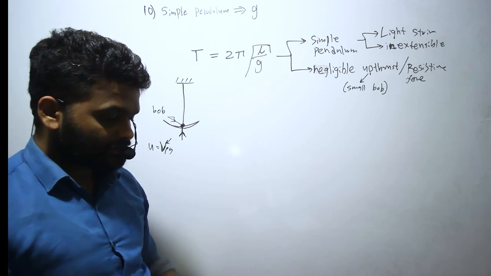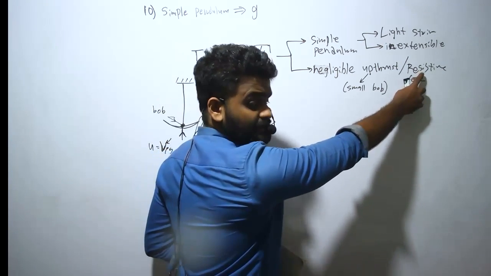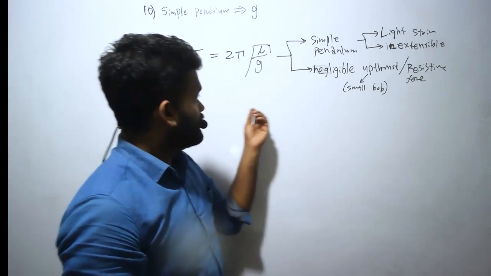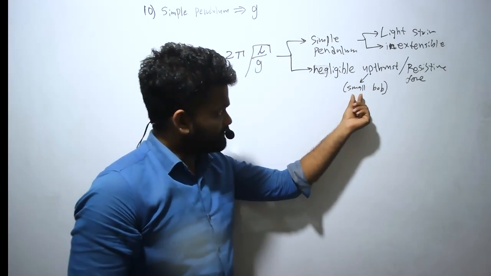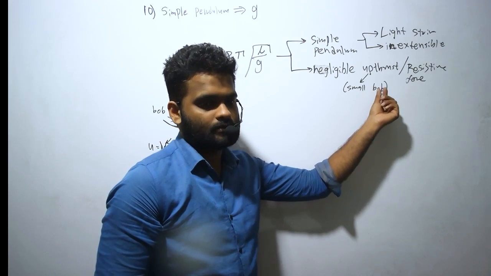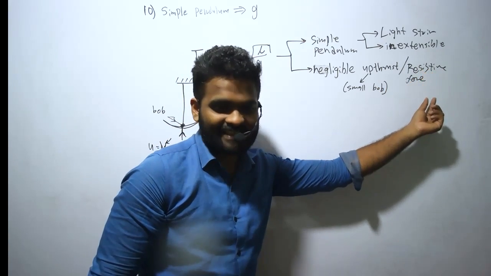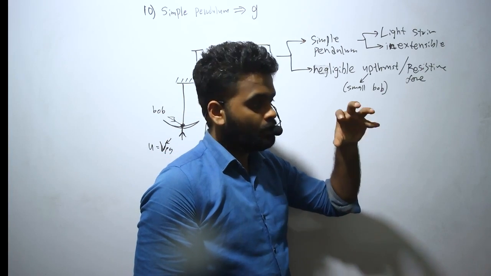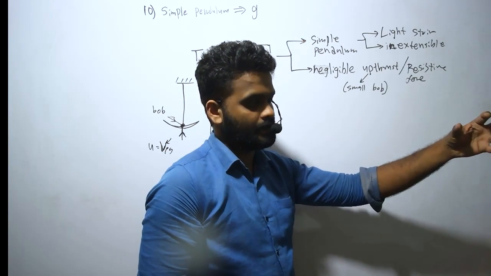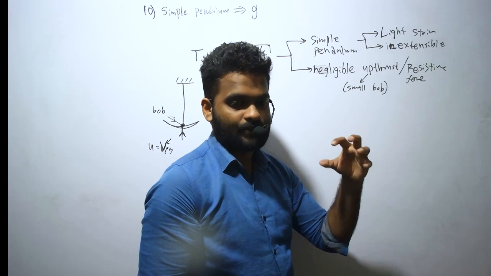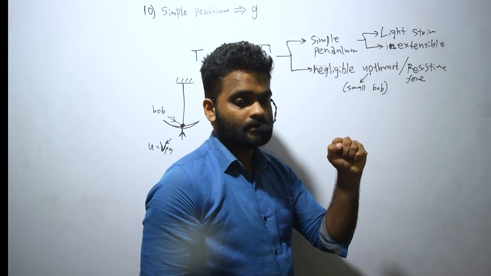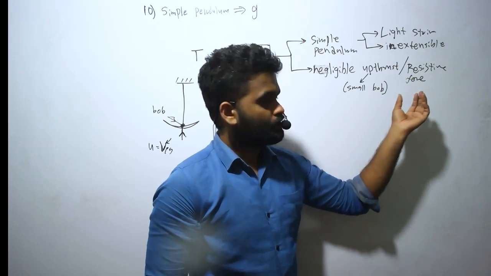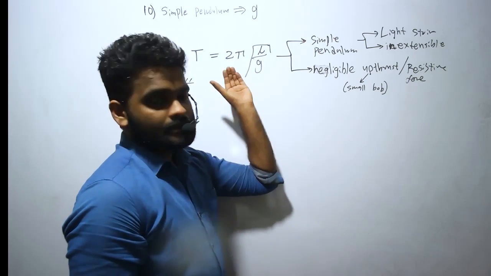Another thing is, in order to have a small resistive force, the bob being small also helps to decrease the resistive force. You know, when a large ball moves through air, there's more resistance, air drag, right? But if you have a small ball, then it has less resistive force. So under these conditions, you can apply this equation.